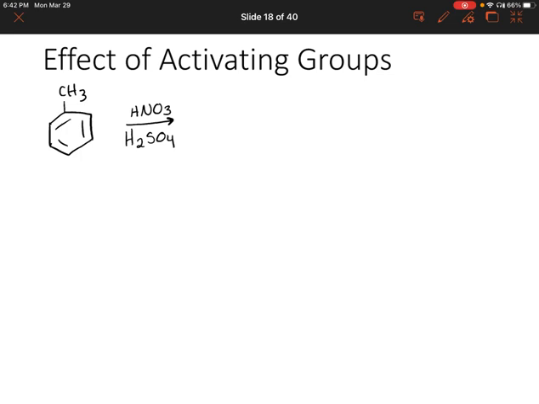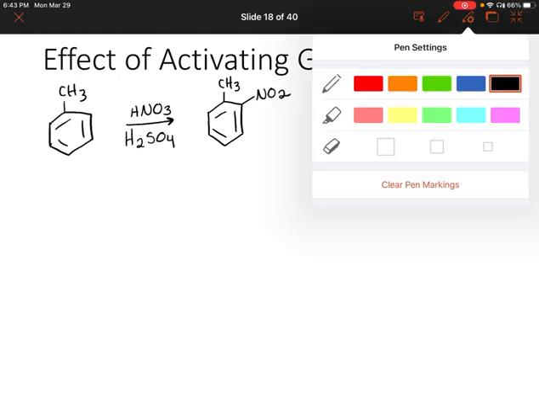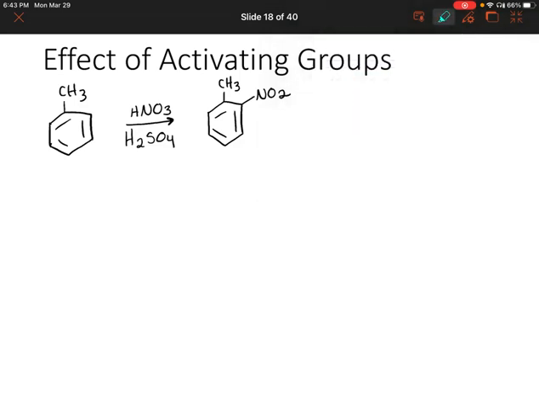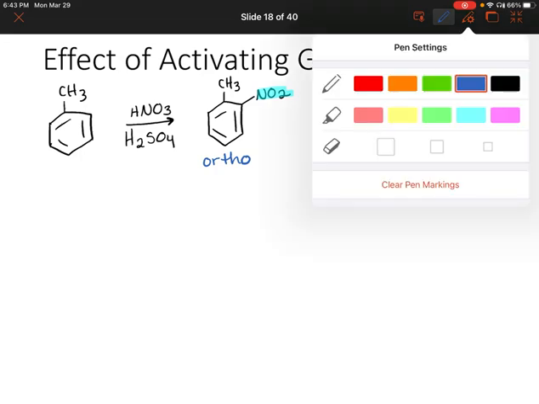It's okay if you don't know, because there are three possibilities. We could see the nitro group add to the ortho position, so right next to the methyl group. And let's just highlight that position, and we'll color code it.